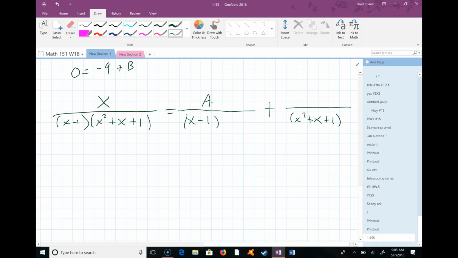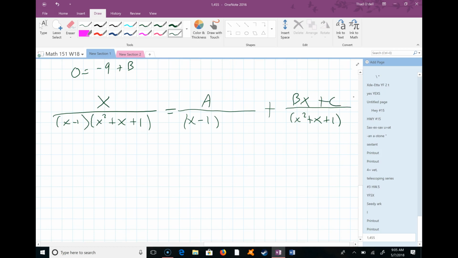But when I go to do the second one, I have to consider all possibilities. Since there's a squared on the bottom, we have to leave in the possibility for there to be an x on top. So in other words, I'm going to say bx plus c.